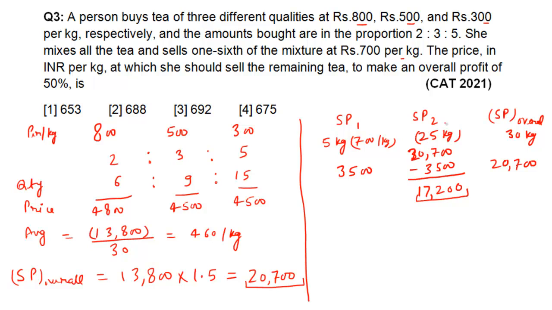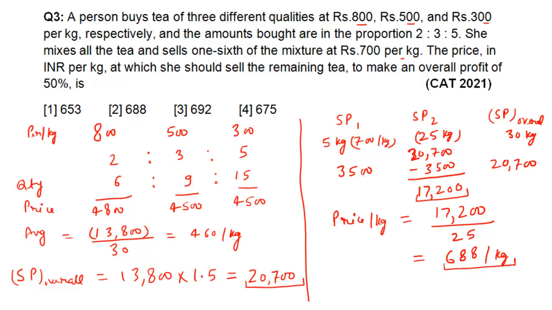So 25 kg of tea is sold for 17,200. What we have to find is the price per kg for this selling price. That can be calculated as 17,200 divided by the quantity, which is 25. That will give me 688 per kg. So this should be the answer, 688 per kg, and option 2 is correct.